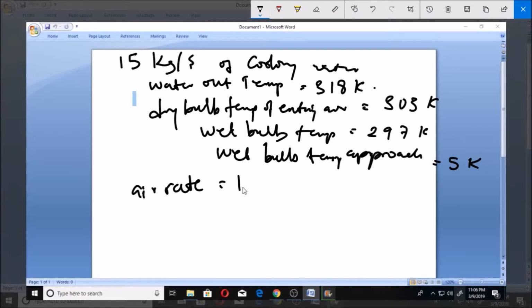Specialized packing will be used, for which KYA is expected to be 0.9 kilogram per meter cube second.